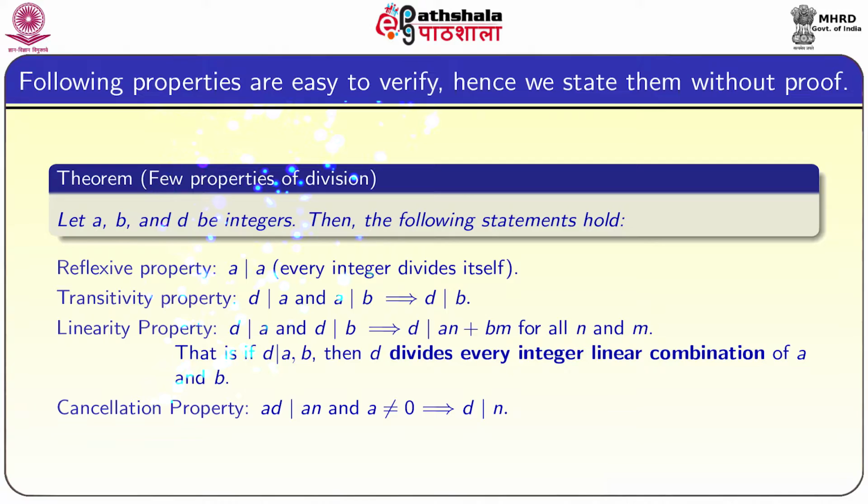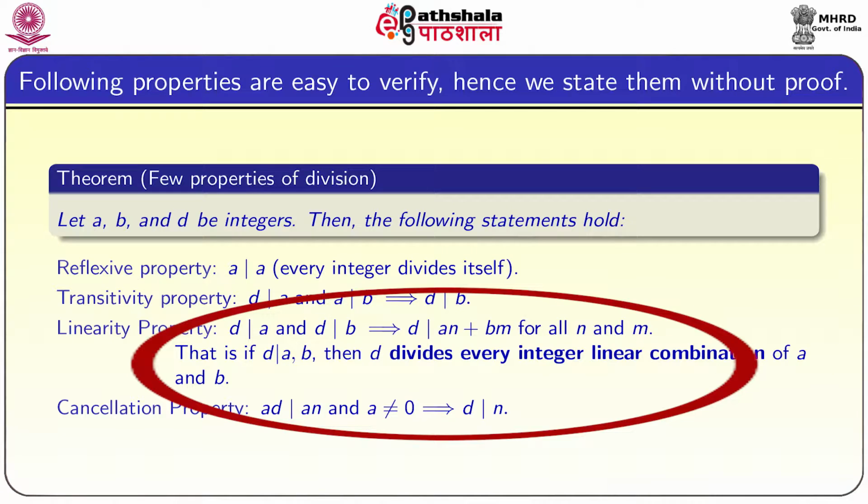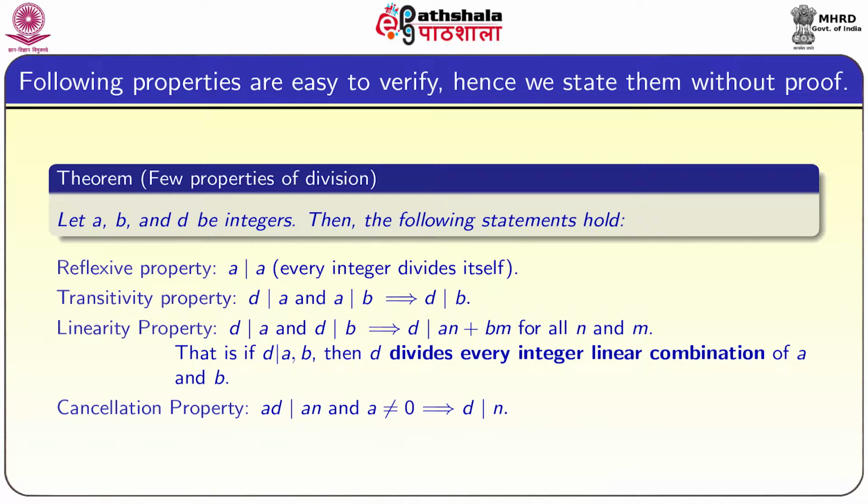Linearity property: d divides a and d divides b implies d divides a n plus b m for all integers n and m. That is, if d divides a, b, then d divides every integer linear combination of a and b. This is one of the important properties which we are going to use very frequently.